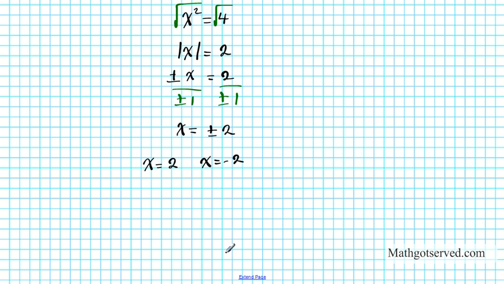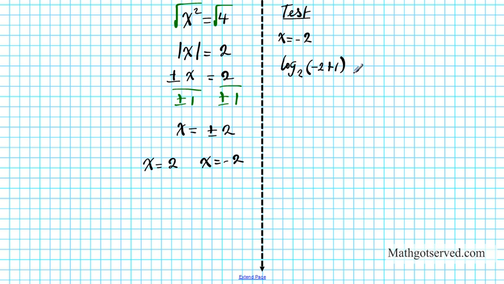Okay? So we're going to have to do 2 checks here to see whether both of them are the answer, none of them, or one of them. So let's do the first test. Let's test the one that looks suspicious, which is x equals negative 2, to see if we generate any negative arguments for a logarithm. So in the original problem, log base 2 of negative 2 plus 1 plus log base 2 of negative 2 minus 1.